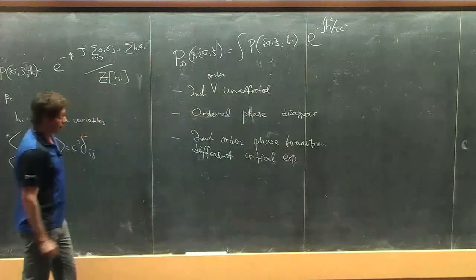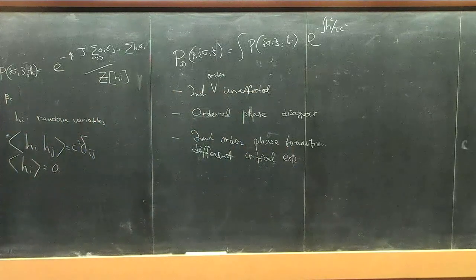There could be different critical exponents. So these are some logical possibilities, and it's of course of great experimental interest to know the effects of this kind of random fields, because people are trying to measure critical exponents and heat capacities and things like that.